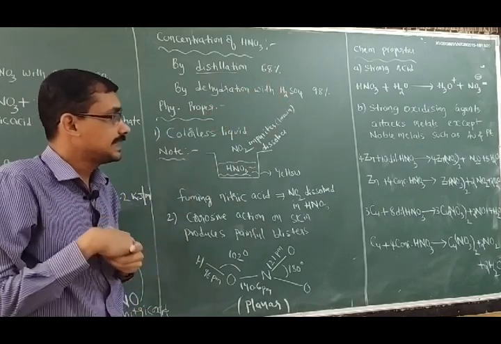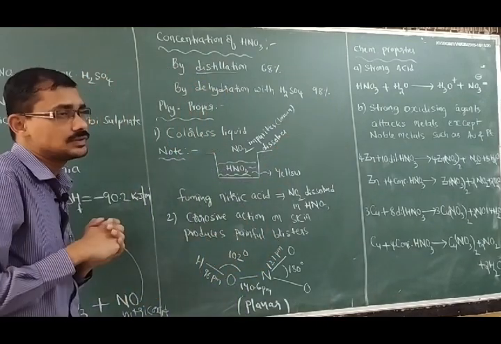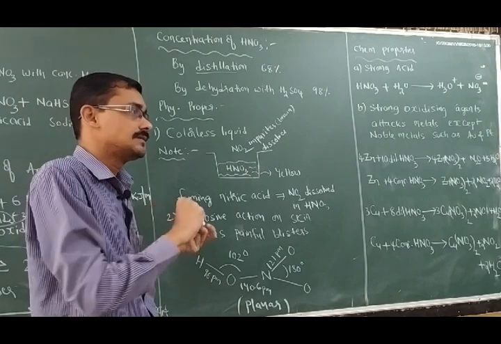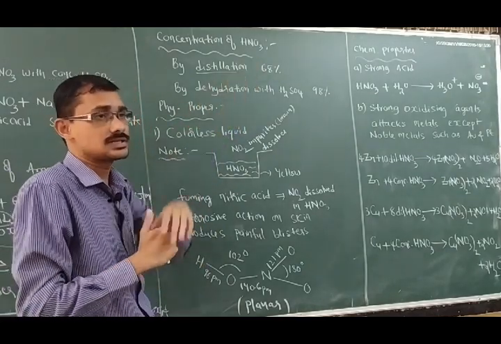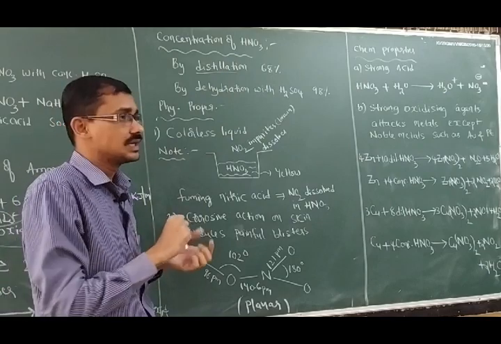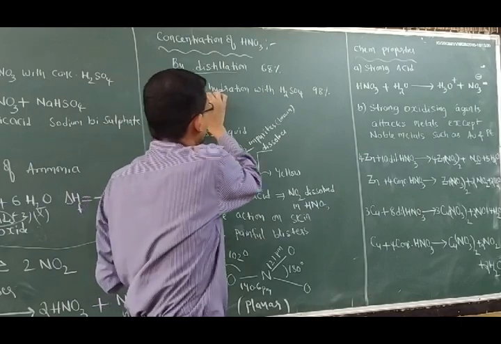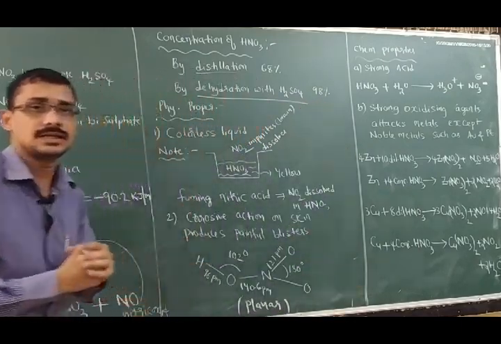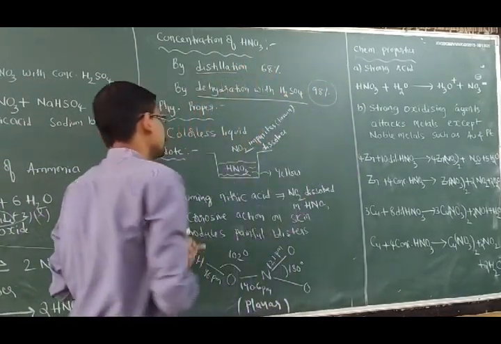Then if you want 98% HNO3, we need to take concentrated H2SO4. It is a dehydrating agent which removes the water present in the concentrated HNO3. So by dehydration of HNO3 using sulfuric acid, we get 98% actually.